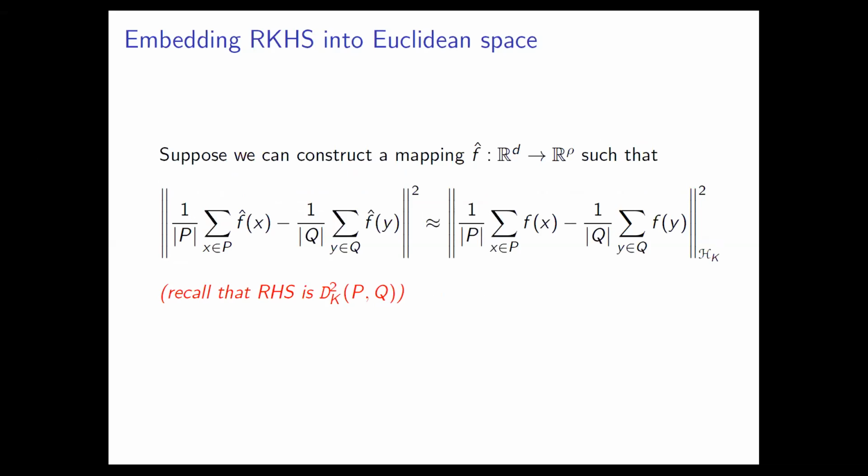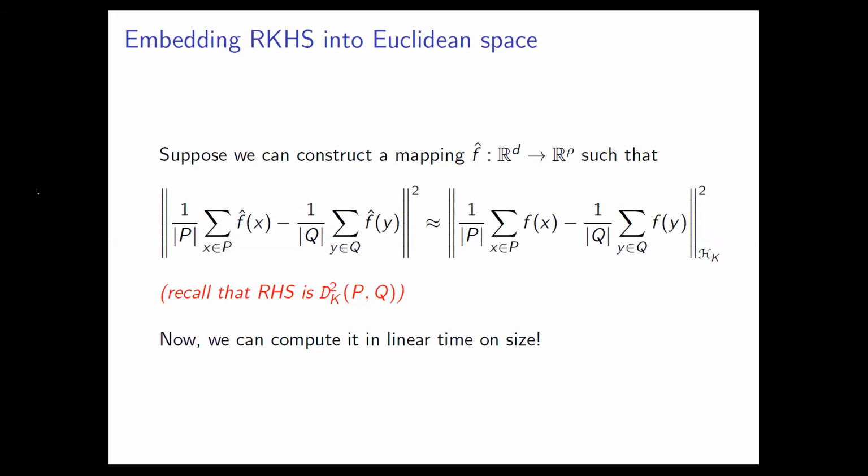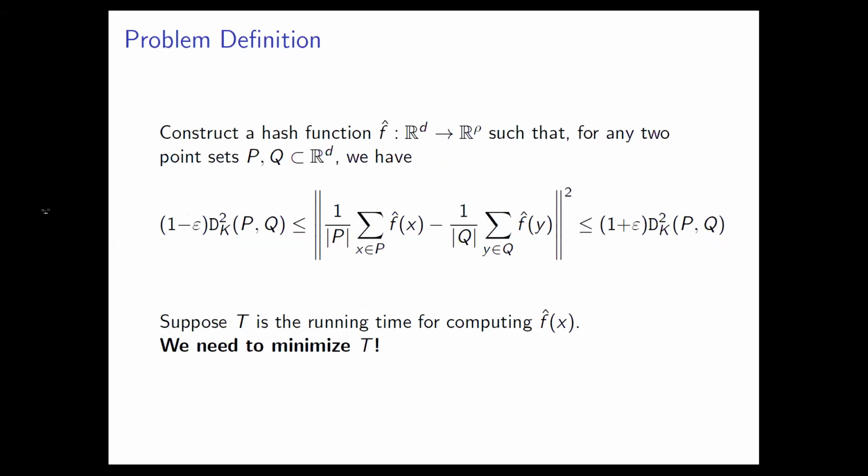So one way we can tackle this problem is to construct a map f hat from d-dimensional space to rho-dimensional space, such that the left-hand side of this equation approximates the right-hand side. Suppose we can do it. Then we can approximate the kernel distance in linear time. Here, let's define the problem more formally.